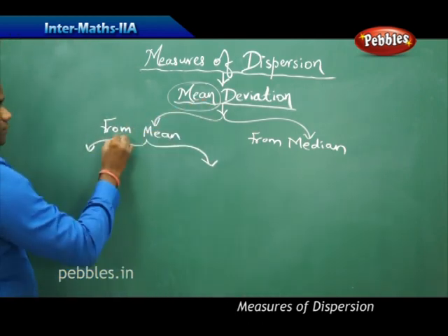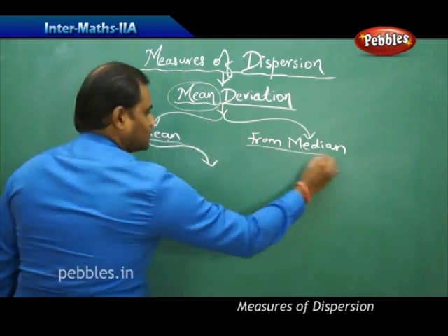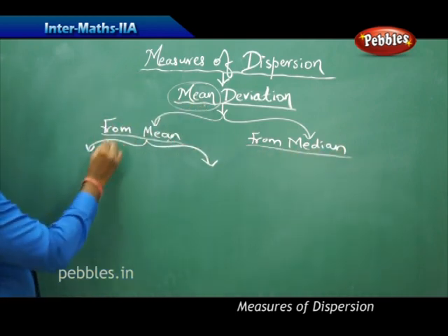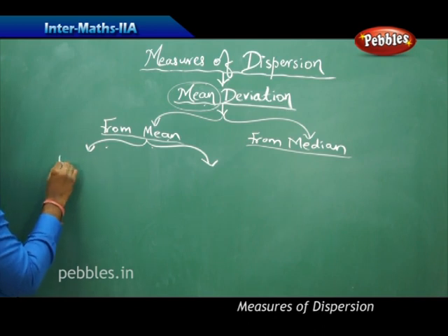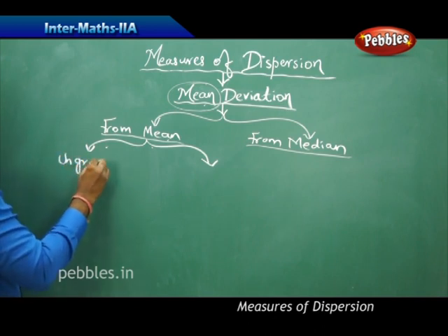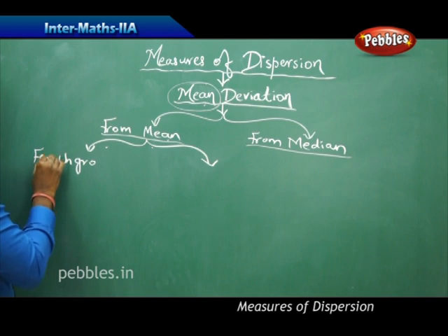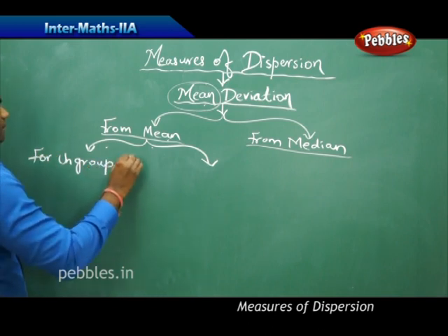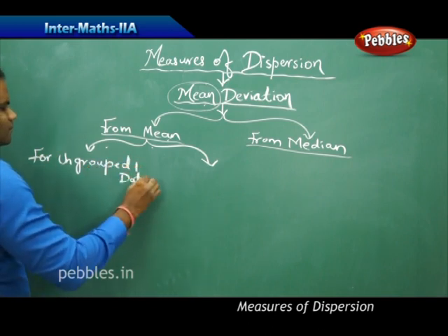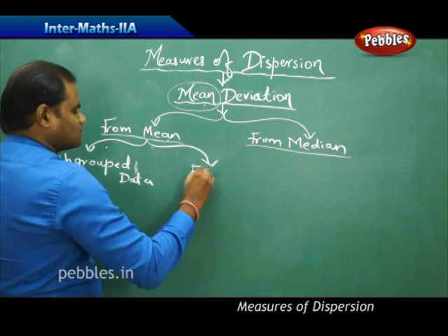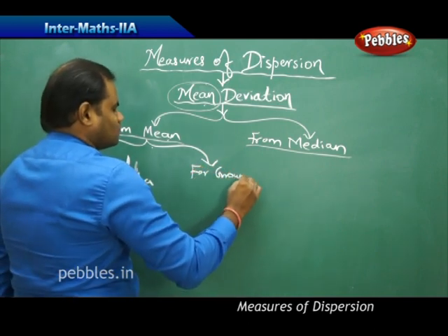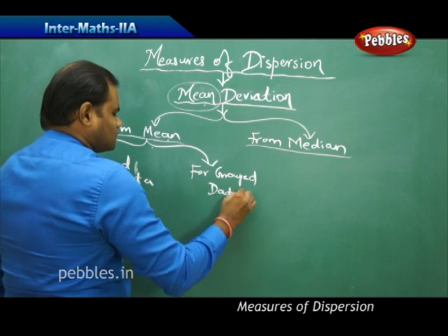So mean deviation from mean is again classified into finding the mean deviation from mean for ungrouped data, and this is for grouped data.